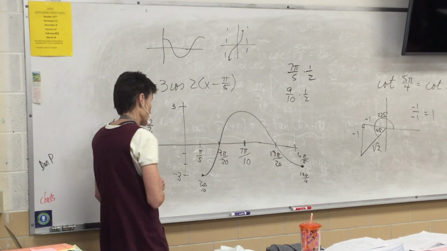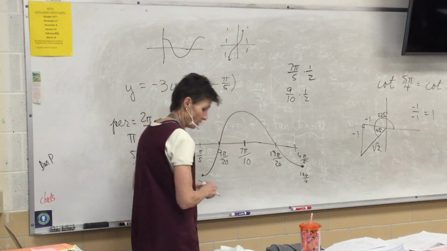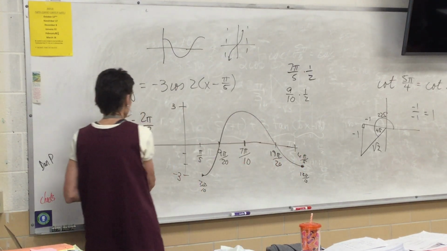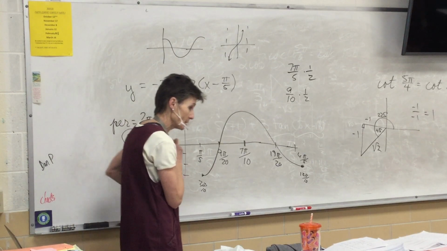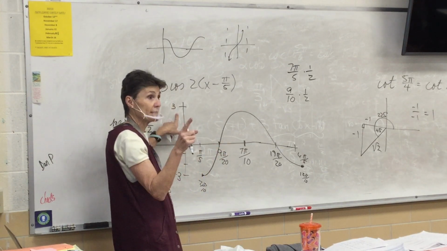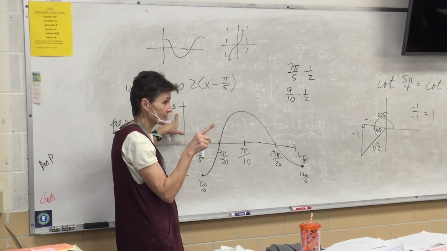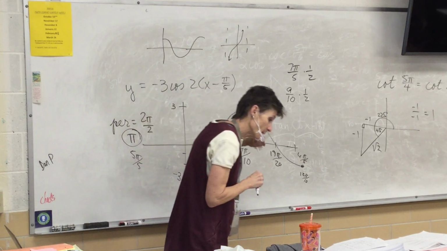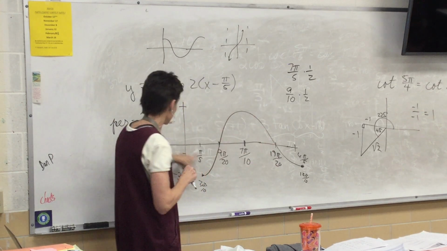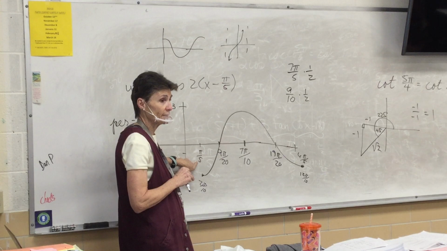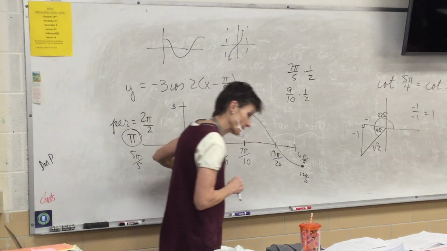So, what is all this information I have to fill in? My period, I already did. My period is pi. My amplitude is 3, not -3, 3, always positive. My phase shift is pi over 5. That's my horizontal shift. It's where I started, pi over 5.